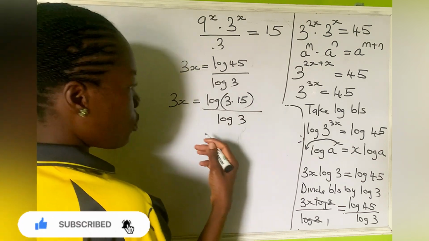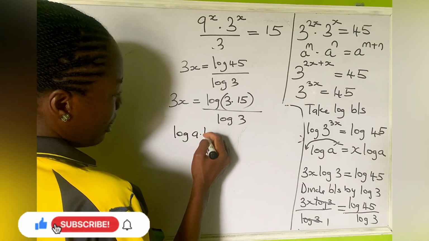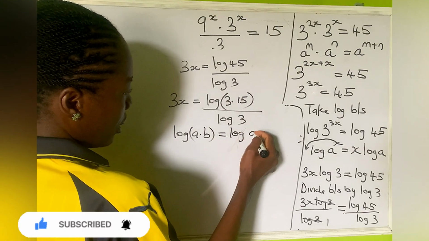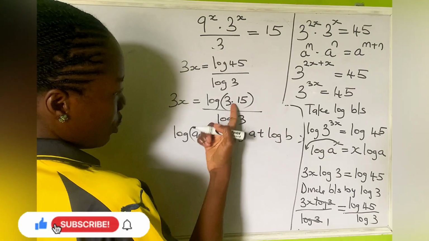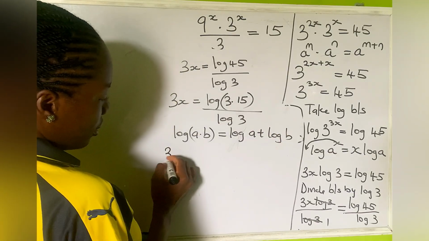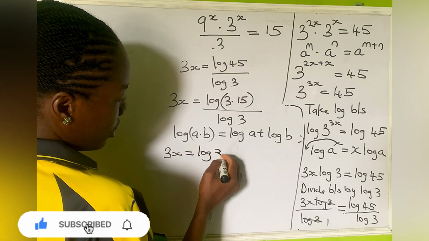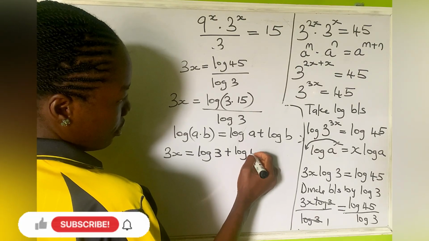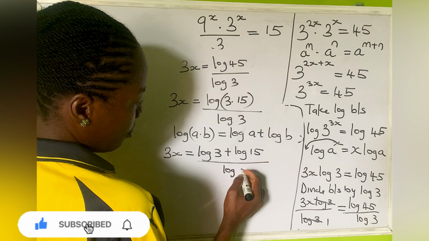Now, another logarithm rule that we'll be applying here is when you have log A multiplied by B, you can write it as log A plus log B. So we're going to be doing that here. So this is now 3x is equal to log 3 plus log 15, all over log 3.